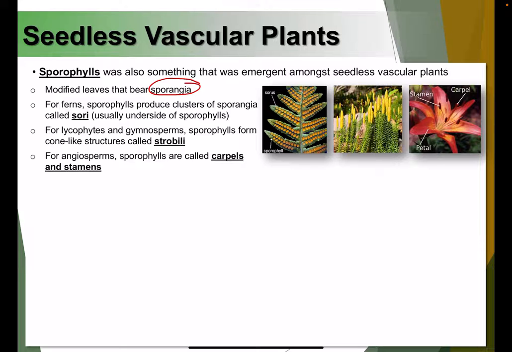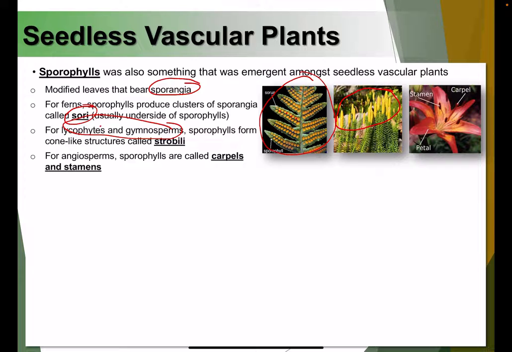So for ferns, sporophylls are actually clusters of sporangia called sori, and they're kind of located underneath the leaves like this in these little bumps. Every one of these yellow bumps right there is a sorus, singular, and they are filled with spores. For lycophytes and gymnosperms, their sporophylls form cone-like structures called strobili, where they're just looking a little different in terms of where their spores are stored.